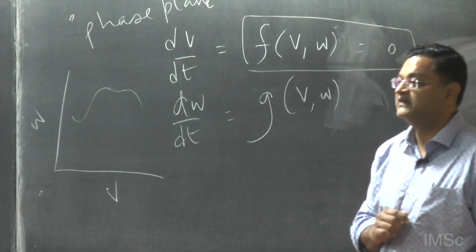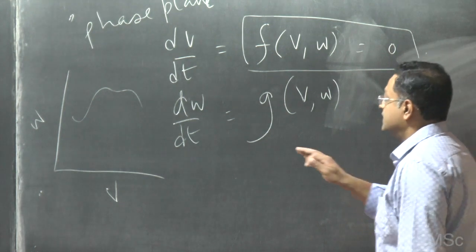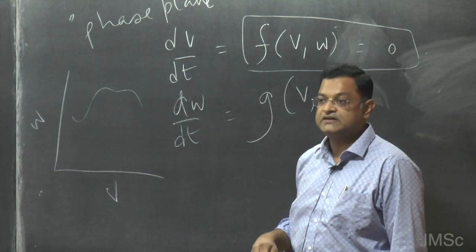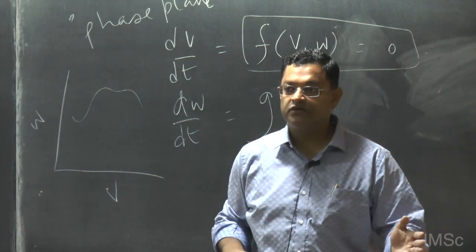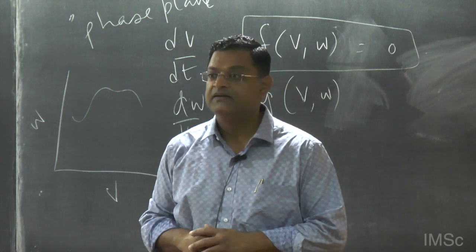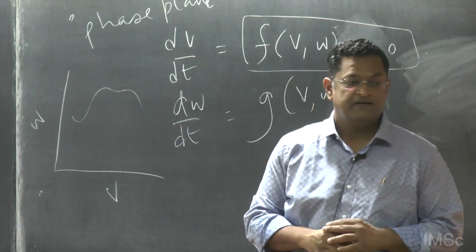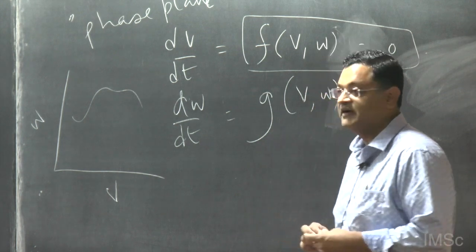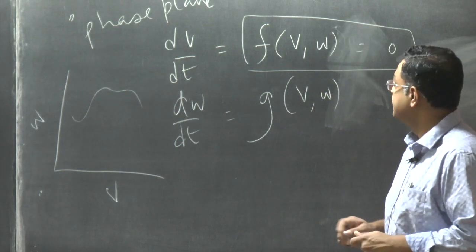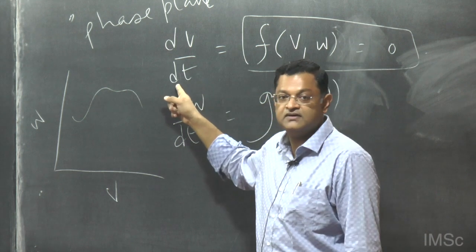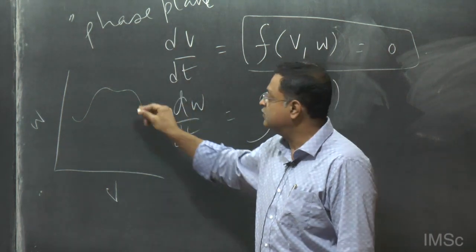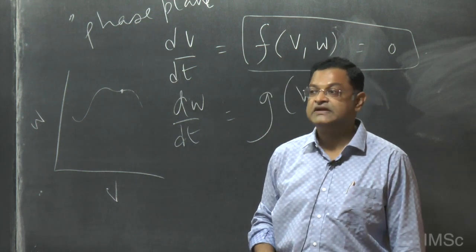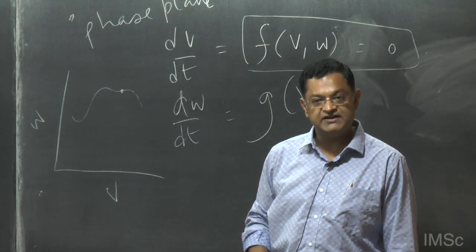It will not quite be the fixed point. I'm setting only dV by dt equal to 0, which means that the speed with respect to V is 0. So if you're on this curve, will you be completely stationary?